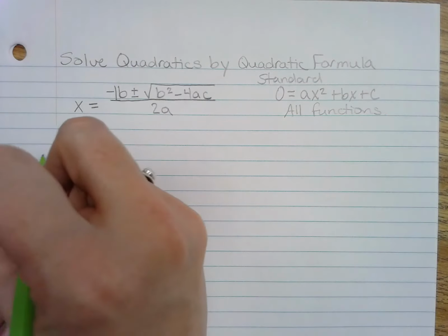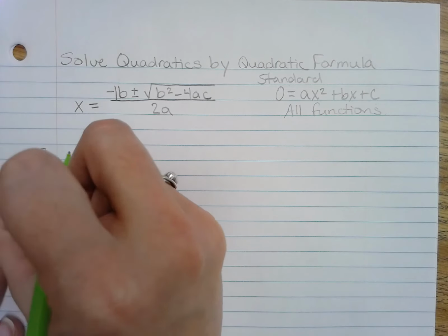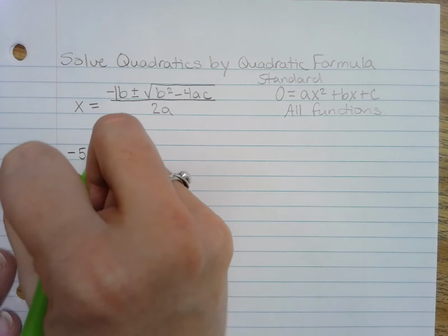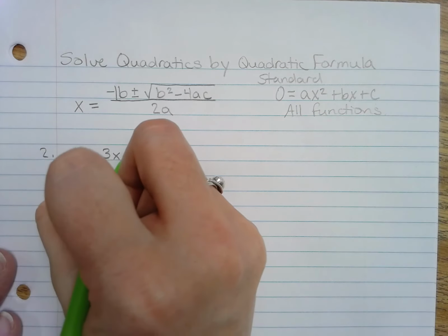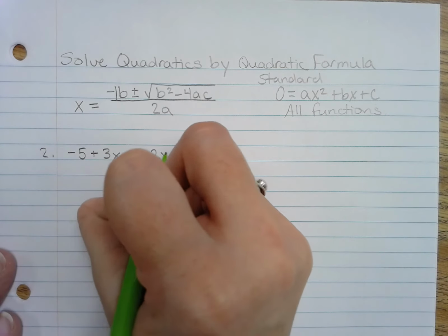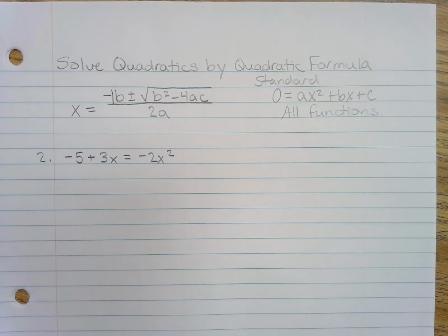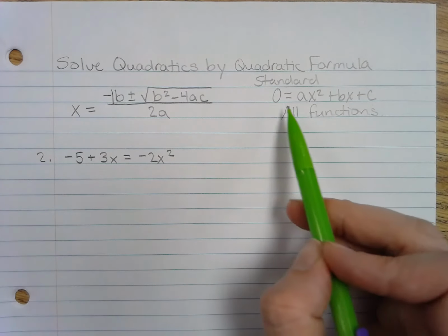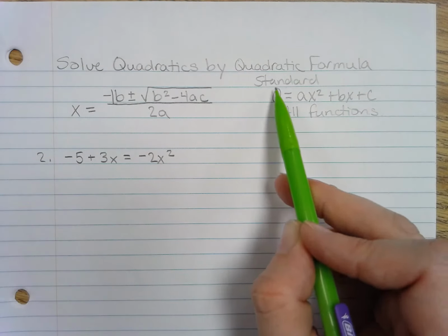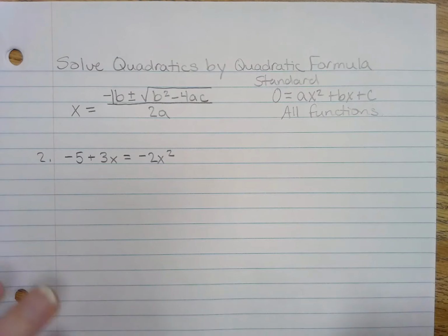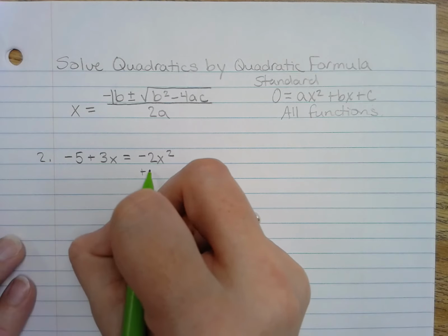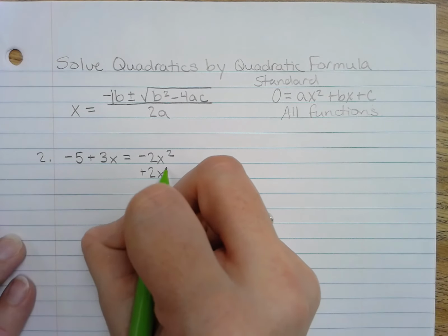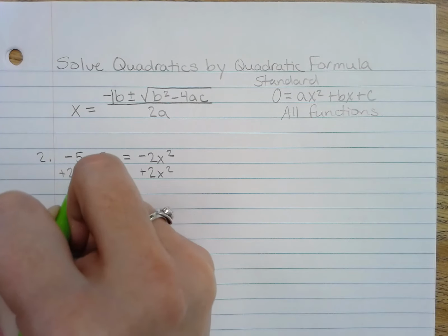Example number 2. Here we have negative 5 plus 3x equals negative 2x squared. Before we can begin and name our a, b, and c, we must have it in standard form where the equation is set equal to 0. So let's solve by adding our 2x squared to both sides.